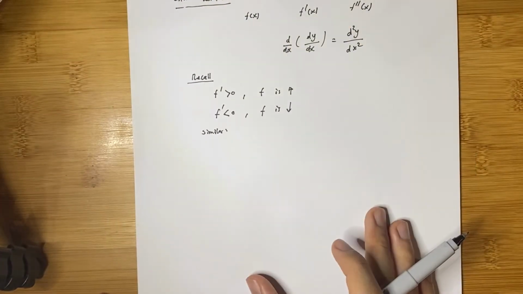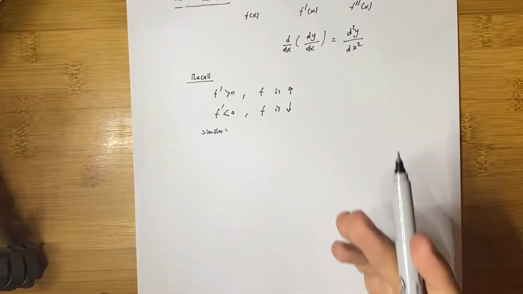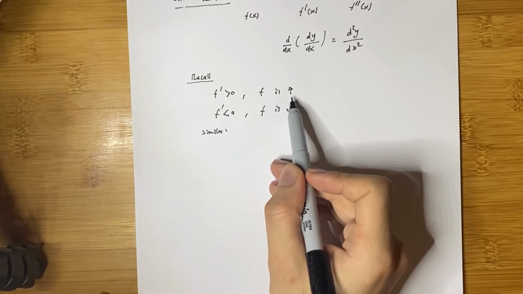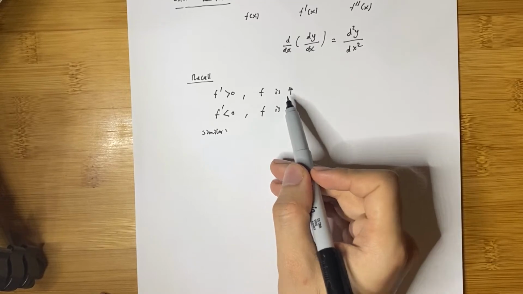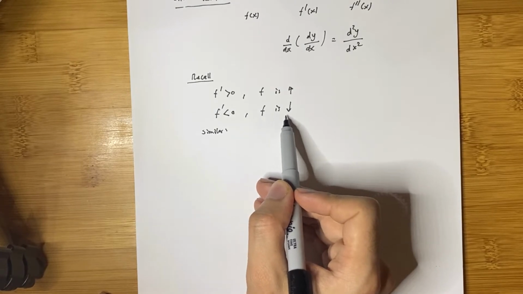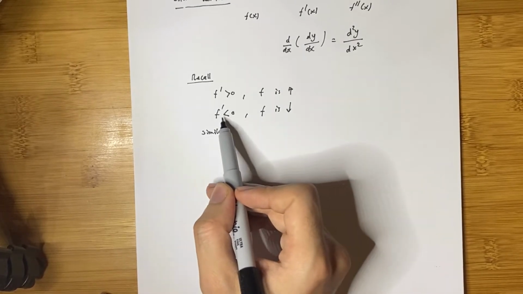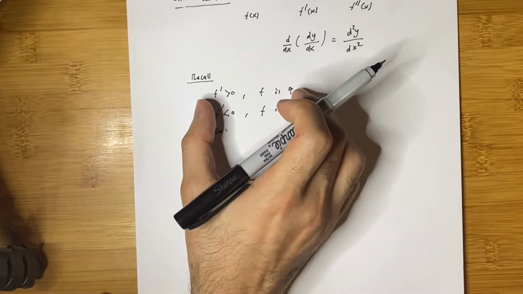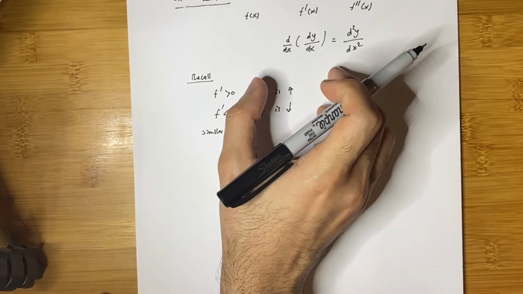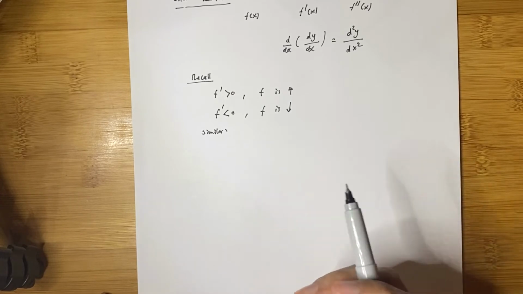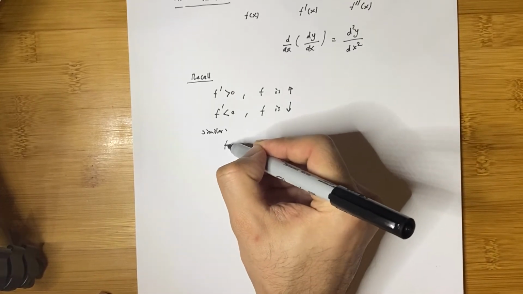This is a recall from the last videos that if we have a function f and it is increasing over an interval and we want to graph its first derivative, it's going to be positive. And if the function is decreasing over an interval, then its first derivative is going to be negative. Similarly, we can apply the same thing to the second derivative, since the second derivative is the derivative of the first derivative.